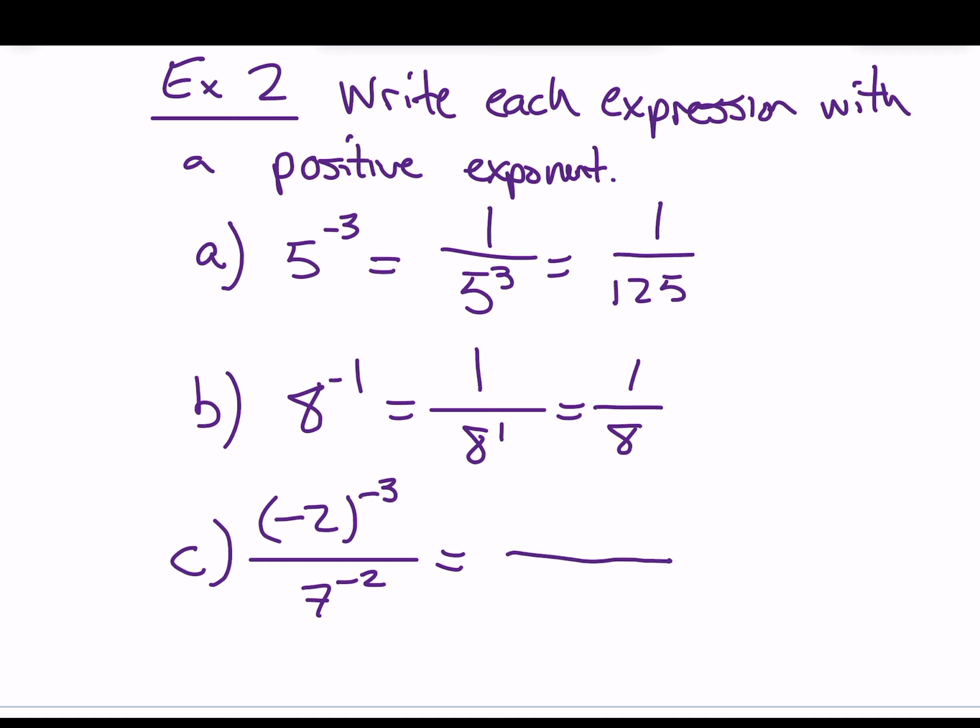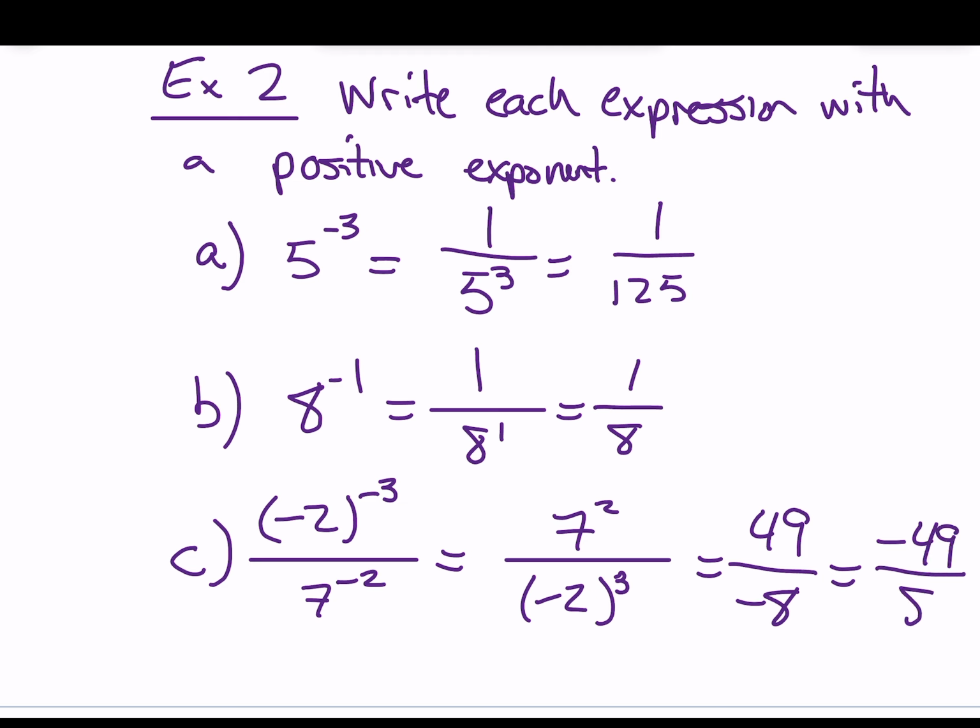So we have negative 2 to the third power in the denominator, and 7 to the 2 power in the numerator. Well, 7 squared is 49. Negative 2 cubed is negative 2 times negative 2, which is 4, times negative 2, which is negative 8. So we can rewrite that as negative 49 over 8.